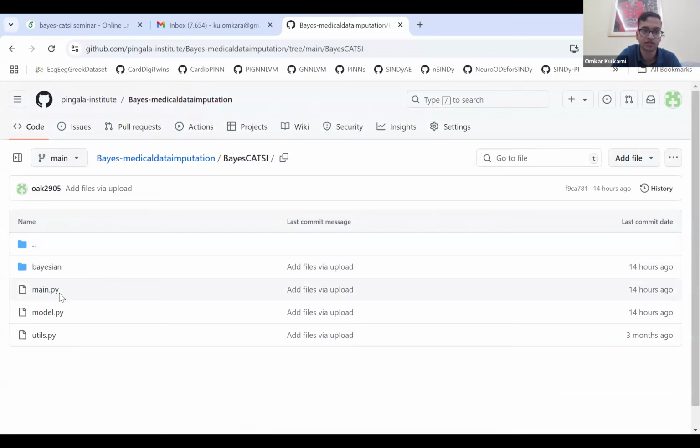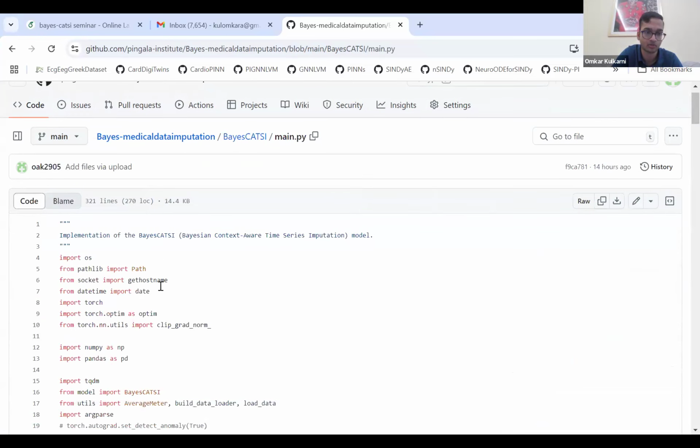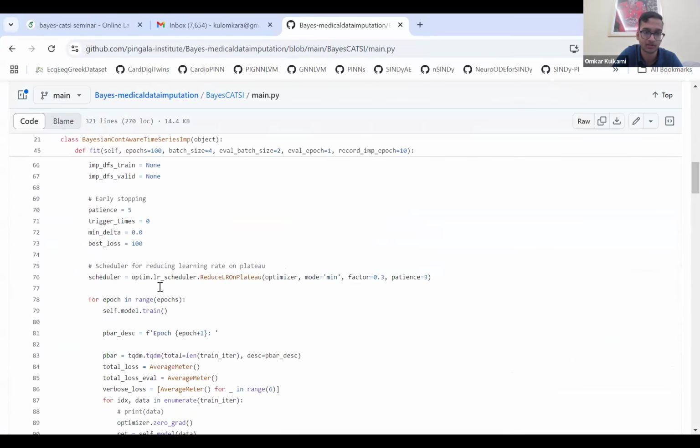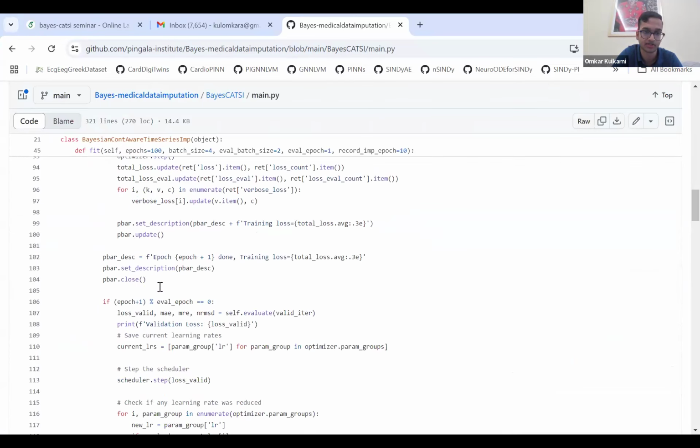Okay. So this is the code repo for our work, and I'll explain the code for Bayes-CATSI. Basically, the file which the users have to run is main.py, which contains the deep learning model that runs the epochs.